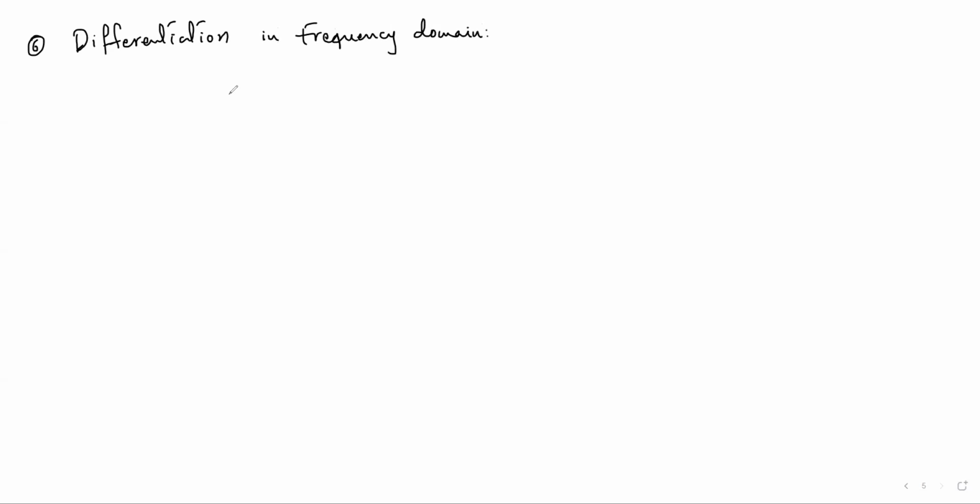So that it is minus jt x of t Fourier transform is dx of omega by d omega.